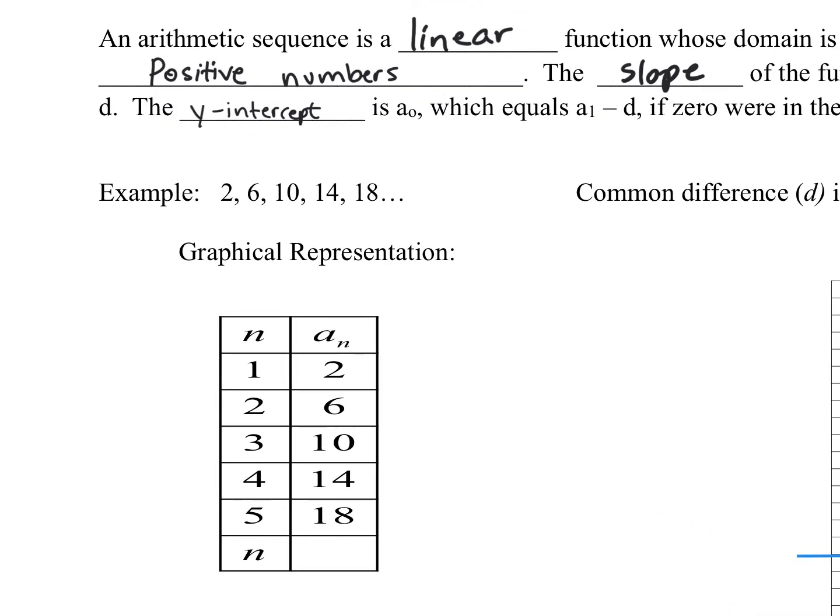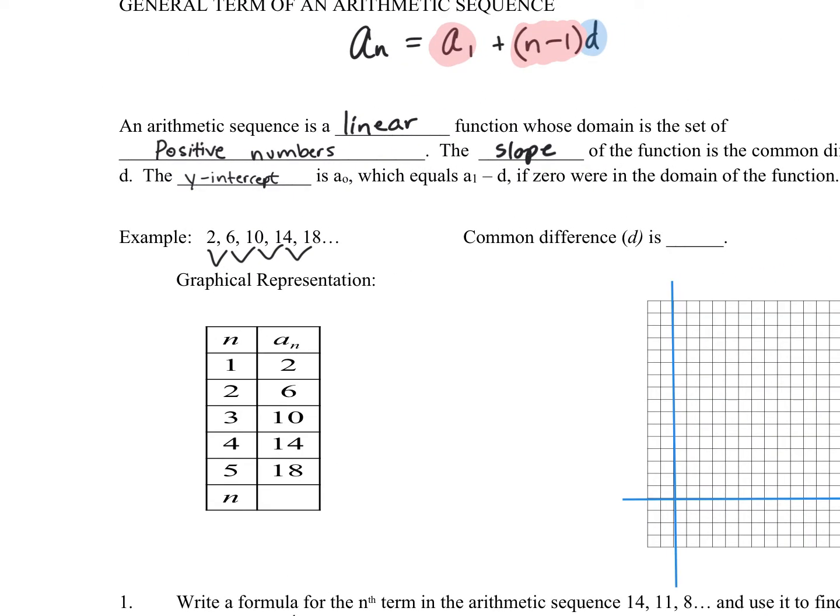So here we have an example. We have 2, 6, 10, 14, 18. We can see that our d value, our common difference, will be 4. Every term increases by 4. If I wanted to find the nth term in my sequence, I would take 2, my first term, and add to it 4, my common difference, times n minus 1.